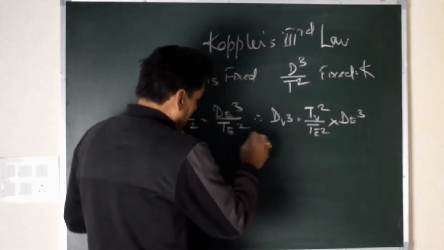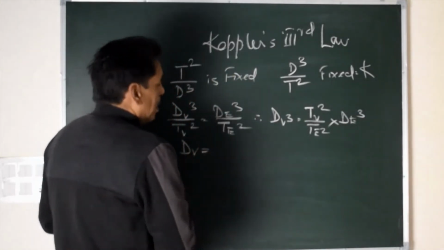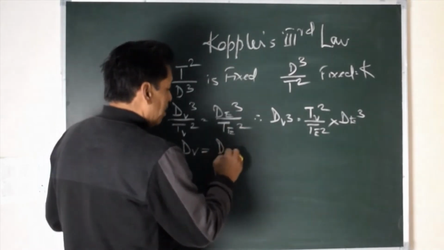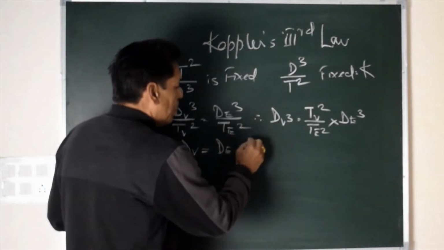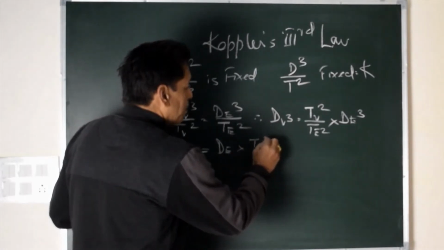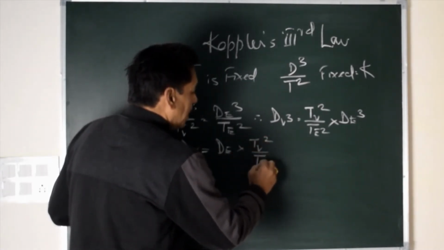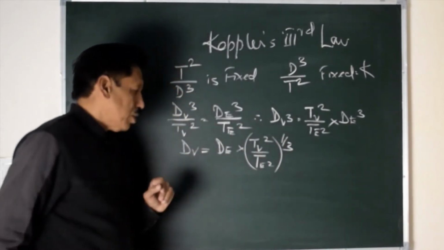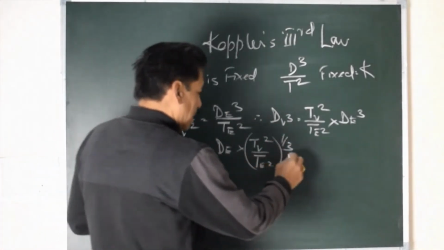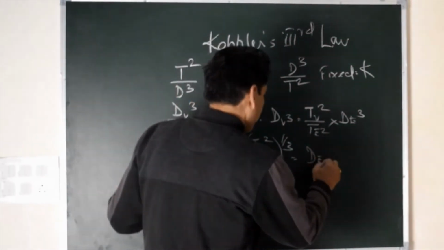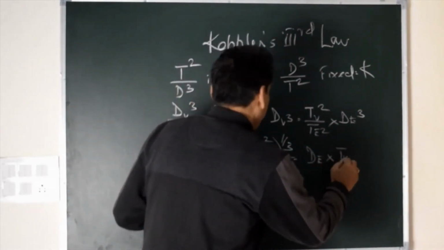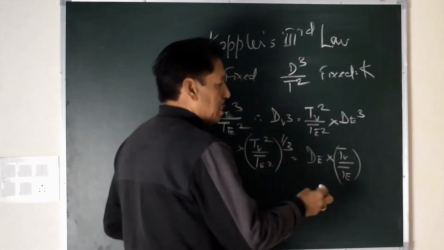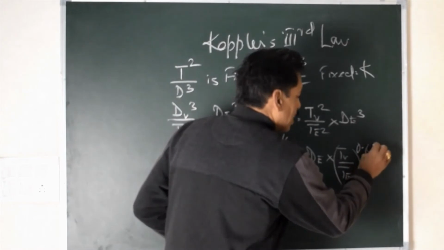Taking the cube root of both sides, dv is equal to de into tv squared upon te squared, under the cube root, and therefore it is equal to de into tv upon te to the power 2 by 3, which is 0.667.